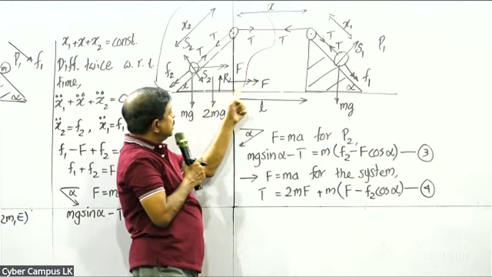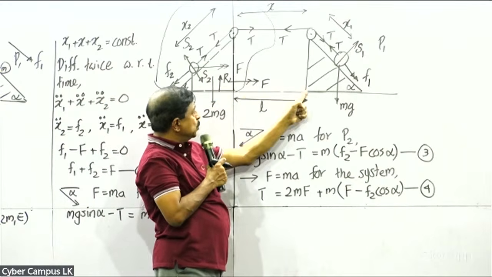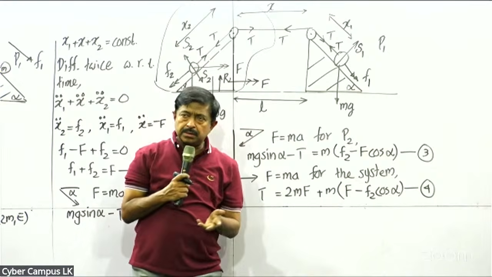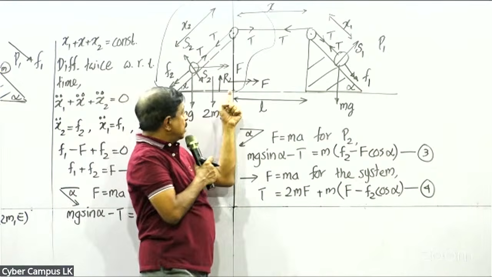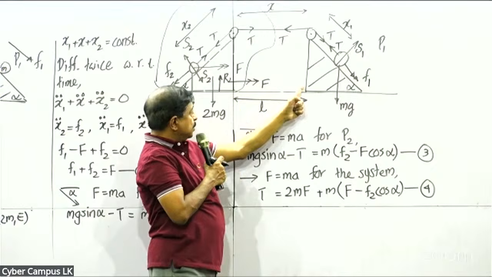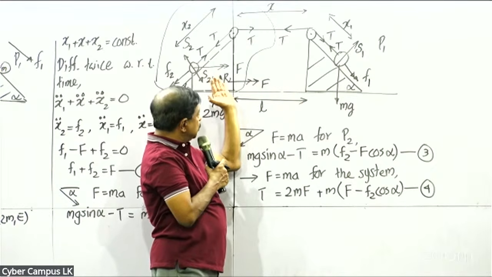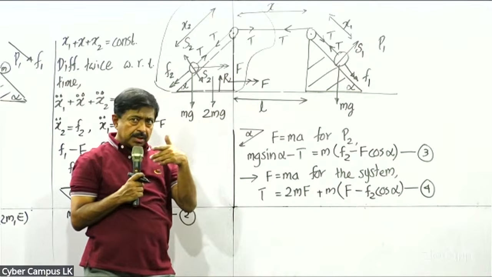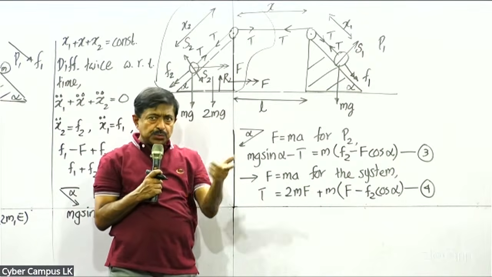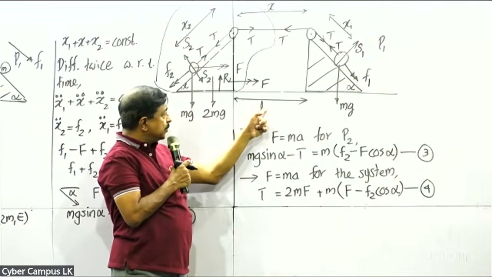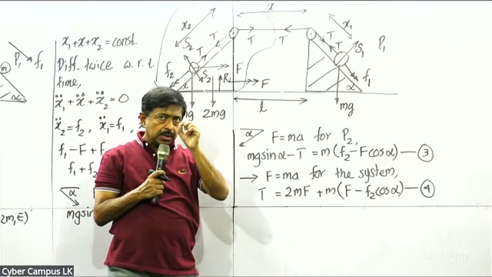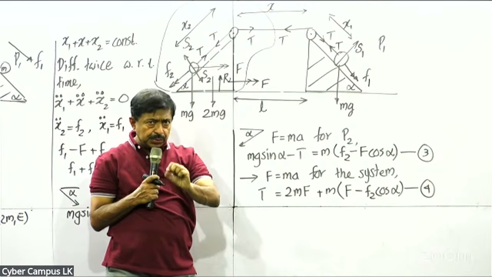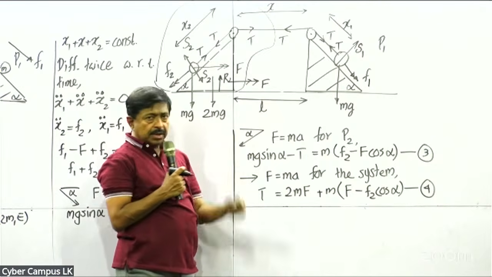Now we have to find the time taken for this wedge to collide with this. For example, if you want to find the velocity when this collides with the stationary one, then you have to apply an equation of motion accordingly. Since the length is given, you have to apply an equation containing the final velocity and the distance.